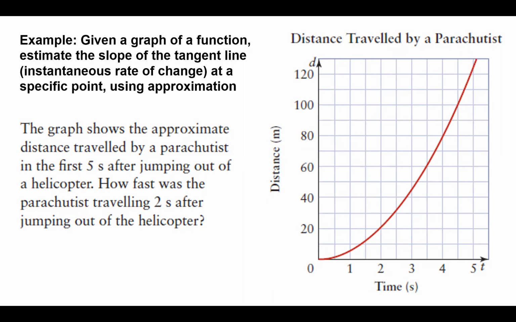Okay, 2 seconds is here. Well, let's mark the 2 seconds. When t equals 2, this point is here. So how do you decide the instantaneous rate of change at this point? Okay, I'll give you 5 minutes to think about this question here.